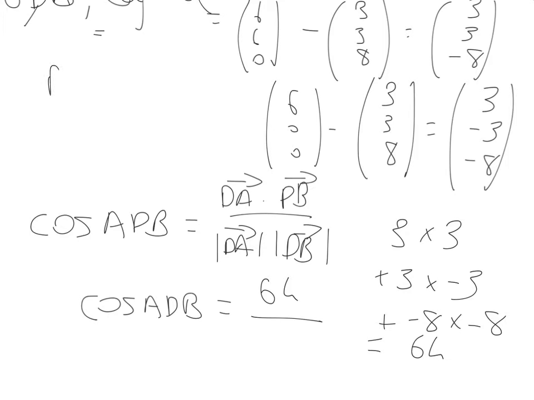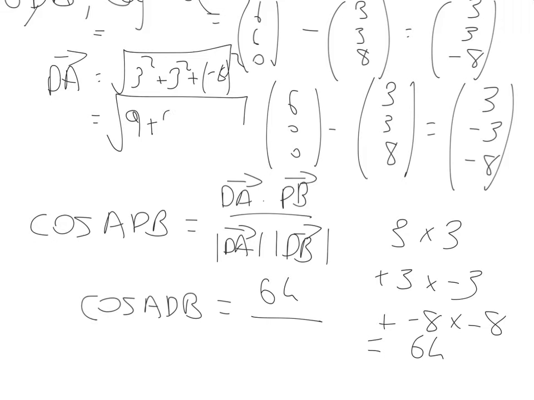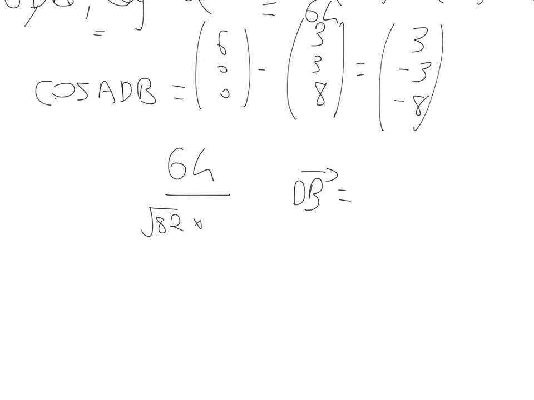I'm now going to find the magnitude of DA and DB. So for the magnitude of DA, that's square root of 3 squared plus minus 3 squared plus minus 8 squared, which is square root of 9 plus 9 plus 64, and that is the square root of 82. So for the magnitude of DB, that's the square root of 3 squared plus 3 squared plus minus 8 squared.